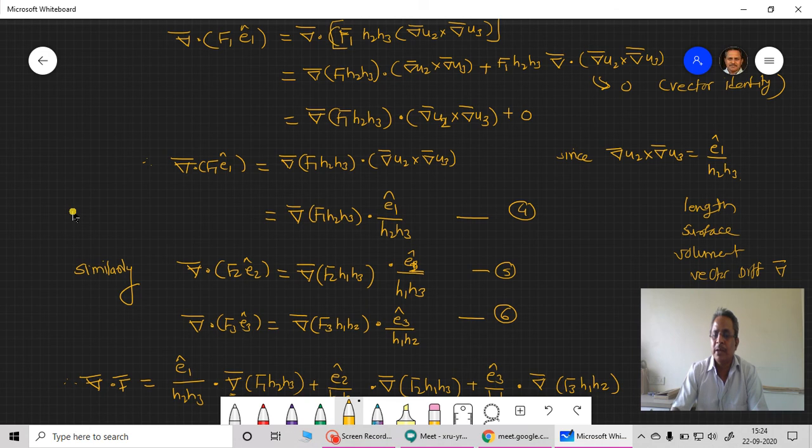We obtained grad psi, the gradient of a scalar point function, which is going to be a vector, as I said, and similarly we have now obtained del bar dot v bar.